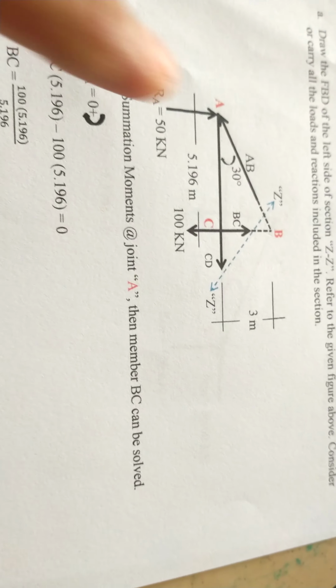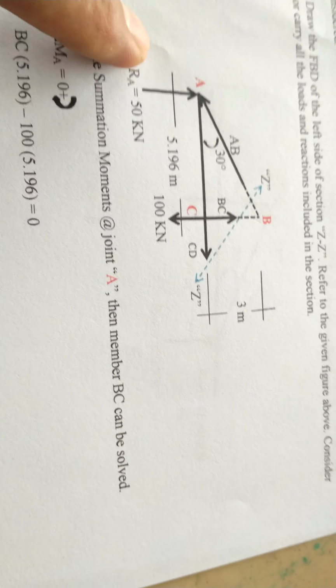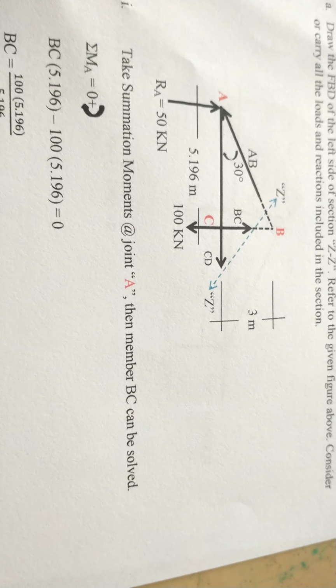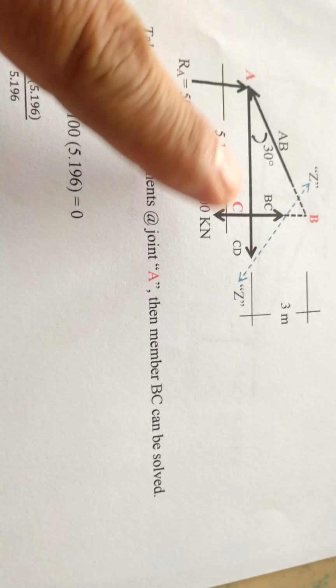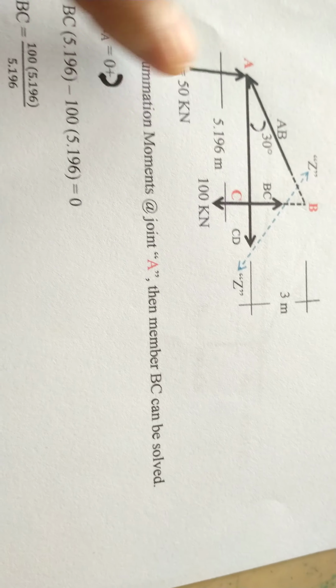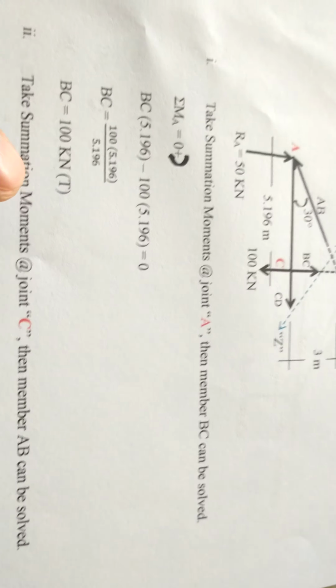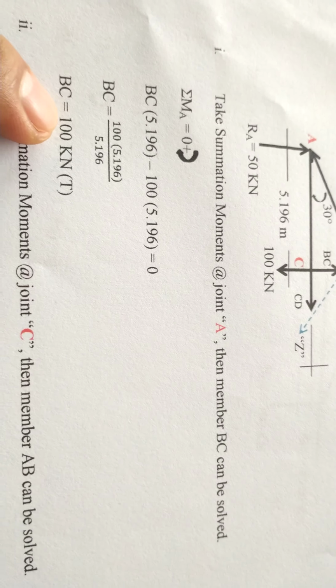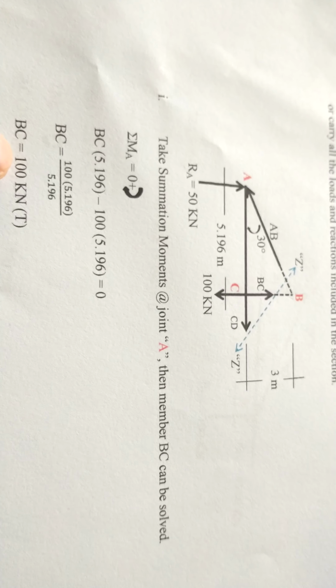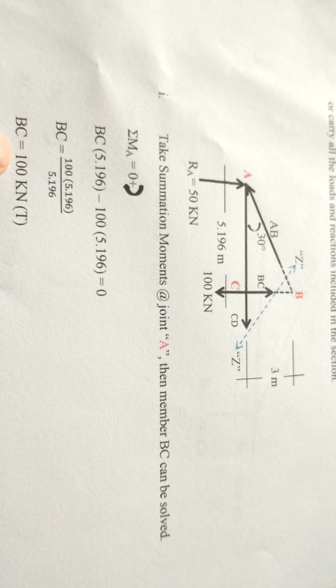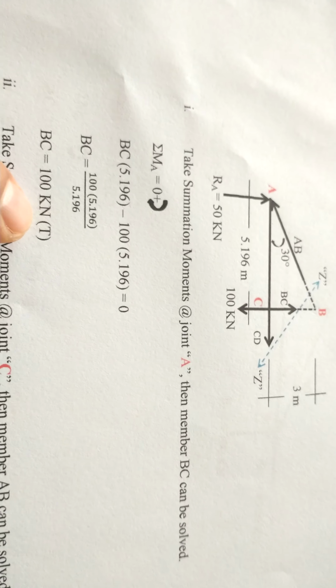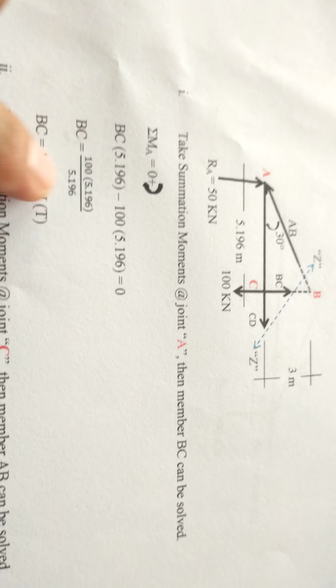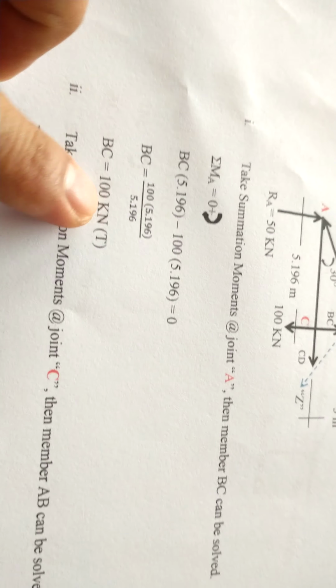So BC times 5.196 minus 100 times 5.196 is equal to 0. Simplifying further, we have BC equal to 100 kilonewtons in tension. Okay, our assumption is correct because it bore a positive sign. So BC is in tension.